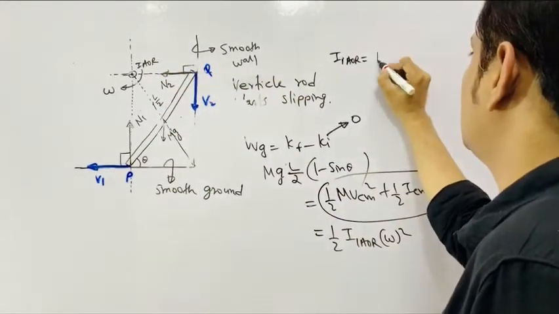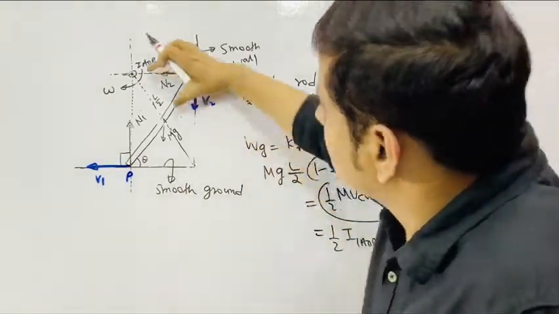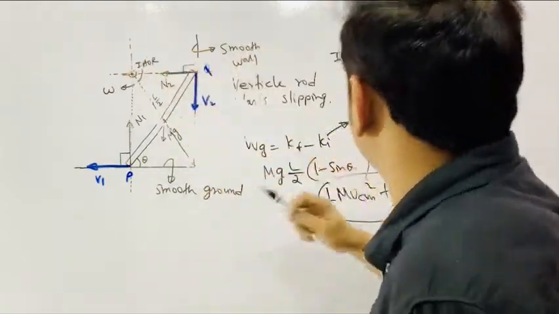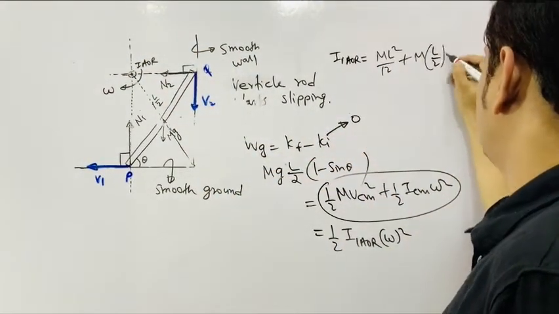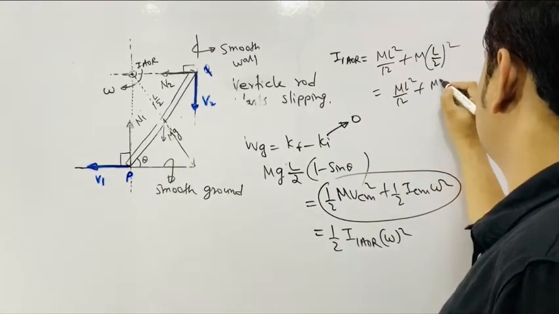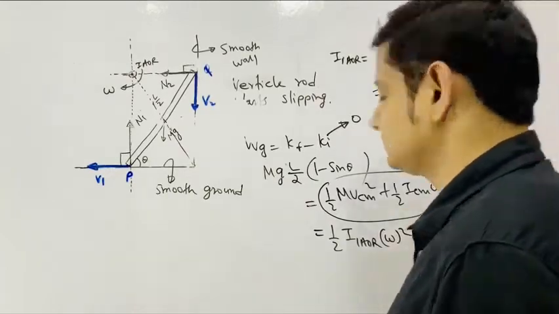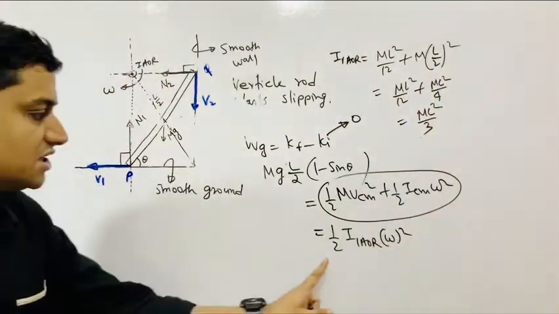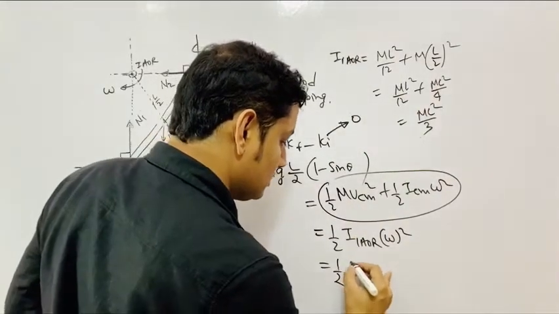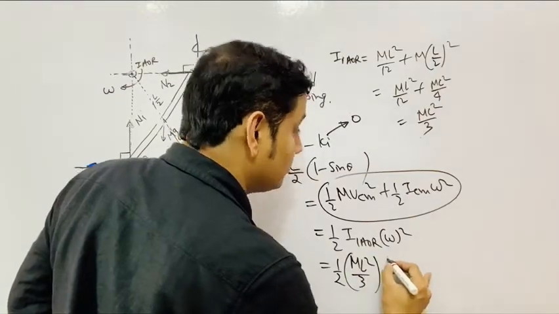ICM plus md square, meaning the parallel axis theorem: ml square by 12 plus m into the distance, these two axes are separated by a distance of L by 2, m into L by 2 square, and that is equal to ml square by 12 plus ml square by 4, and that is equal to ml square by 3. Place it here. Your omega comes. This is half ml square by 3 into omega square.